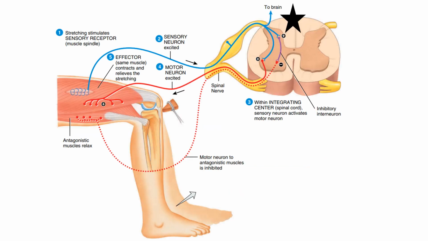You may notice here that the sensory neuron does not only branch for the main action and the reciprocal inhibition, but also gives another branch to go to the brain. And this type of circuit, we call divergence.